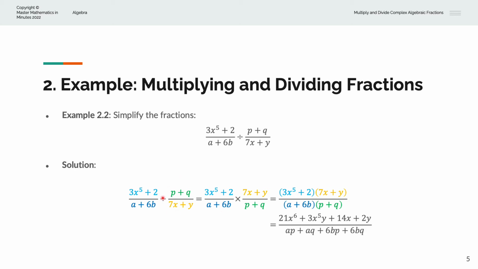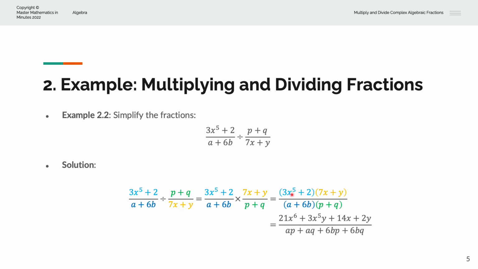We'll swap the divide sign with the multiplication sign and take the reciprocal of the second fraction, which becomes 7x plus y over p plus q. We can proceed with the multiplication of these two fractions as usual.